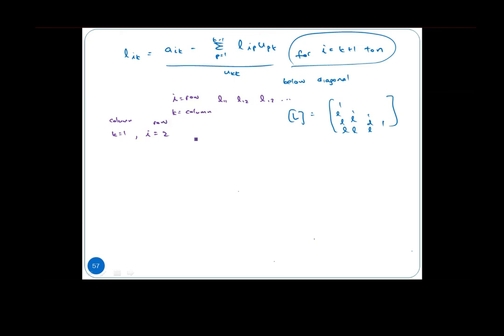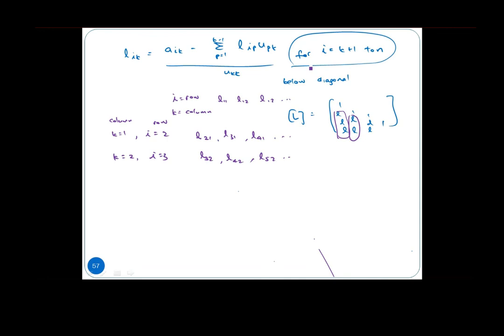You only determine L21 onwards, then L31, L41. If K equals 2, the second column, then my I equals 3, so we are taking L32 onwards: L42, L52. So that is how it looks. You substitute everything in, then you can find the values.